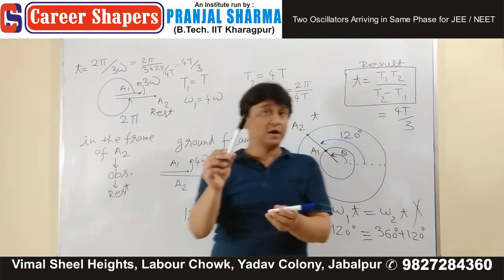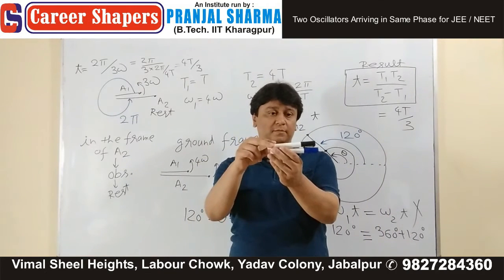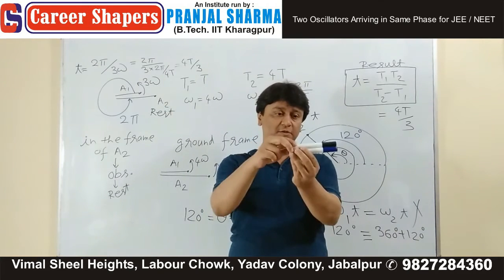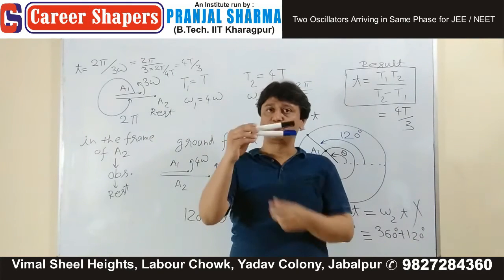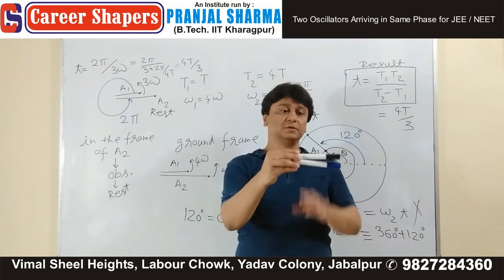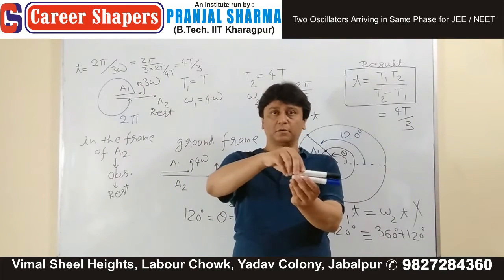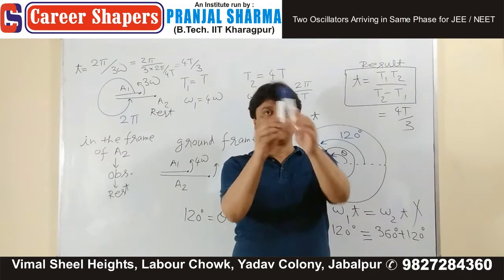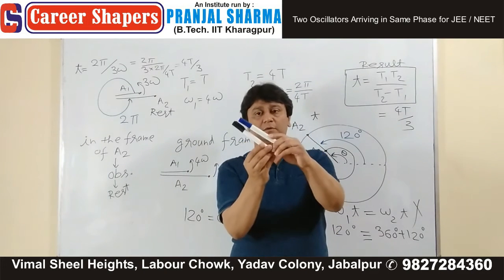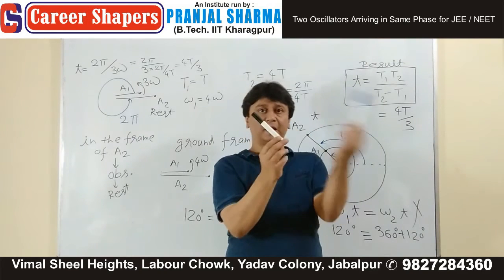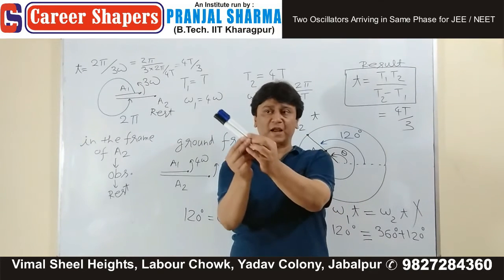So again they are in the same phase. Technically they are in the same phase, but this time they have to meet at the starting point itself. In the previous question you found that something like this happens. It overtakes and then meets over here when the angle is 120.